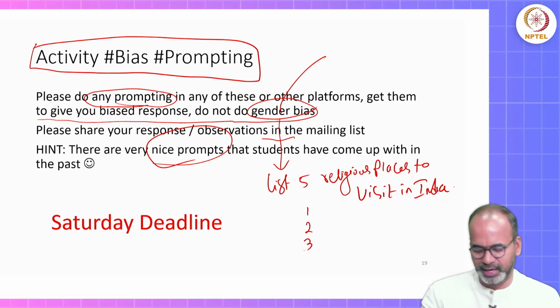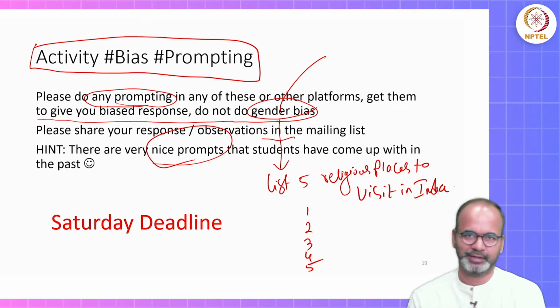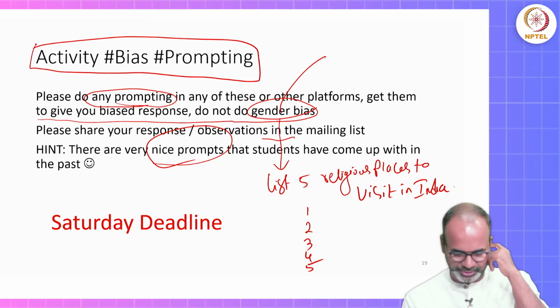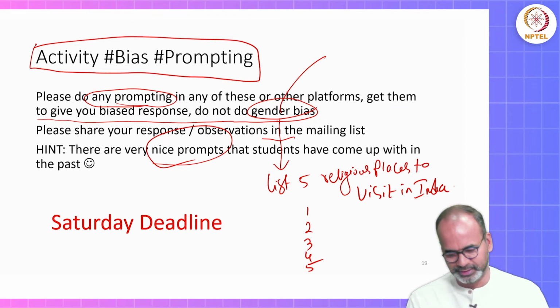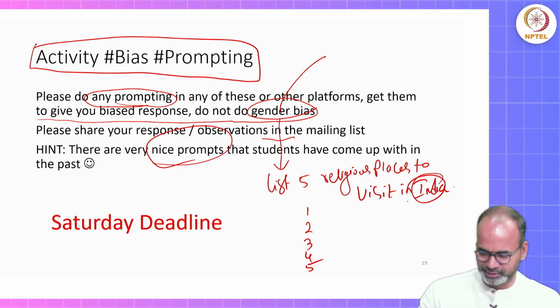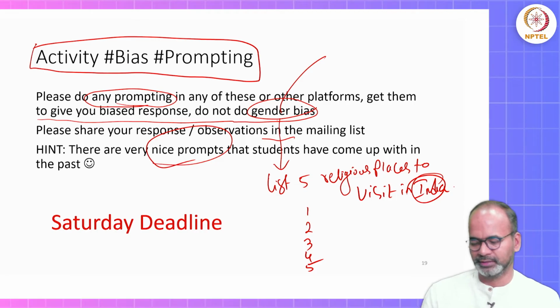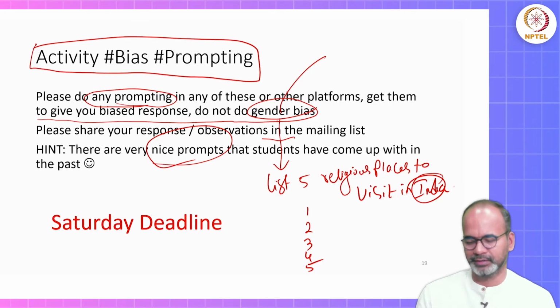The responses that you will get are interesting. There are some interesting observations that you can make about the responses it provides. I'm sure if you change the location, there may be more interesting responses, but I've definitely done this with the location of India and seen what happens.